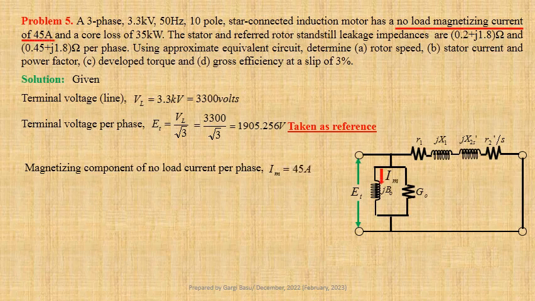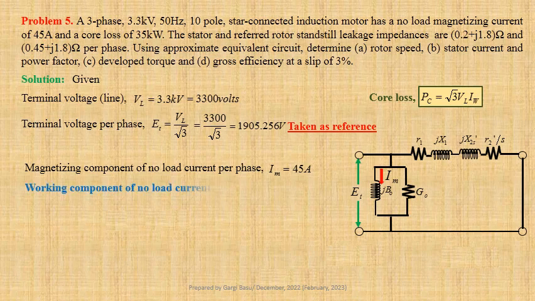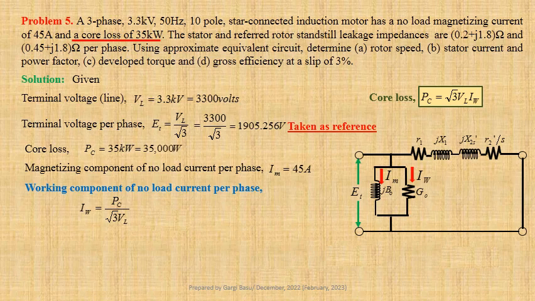Given magnetizing component of no load current per phase Im equals 45 ampere. Expression for core loss PC equals root 3 times VL into IW. Therefore, working component of no load current per phase IW equals PC divided by root 3 times VL. Given core loss PC equals 35 kilowatts, that is equal to 35,000 watts.